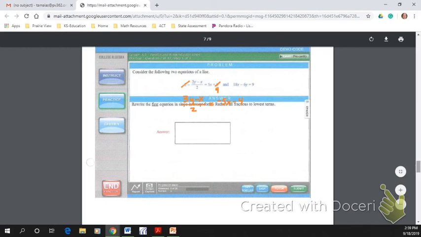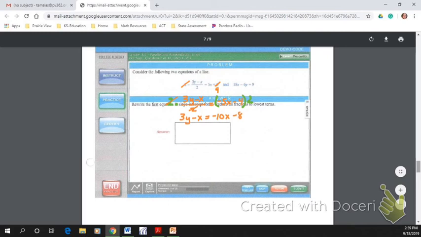Okay? So if I multiply everything by a 2, I'm going to get these 2's canceling. I get 3y minus x is equal to -10x minus 8. And now I just got to get y by itself.